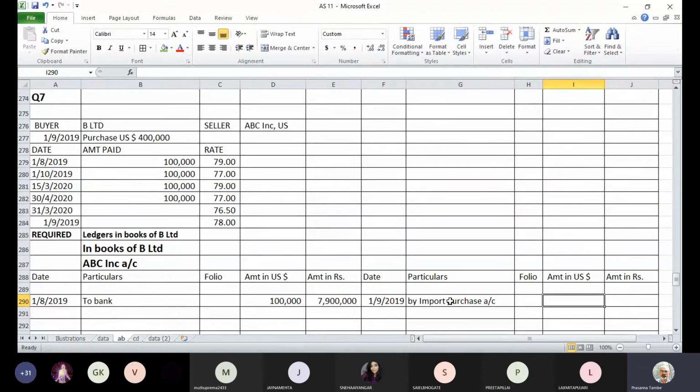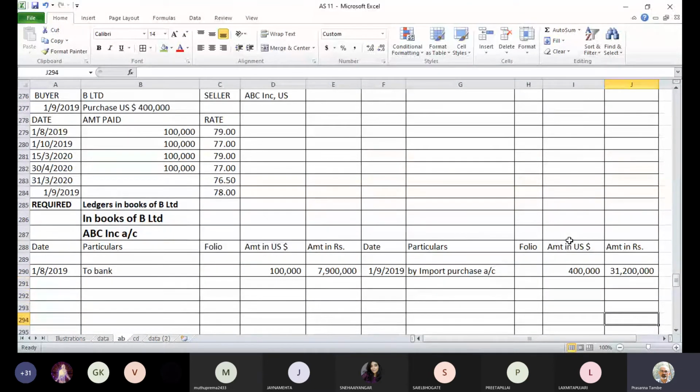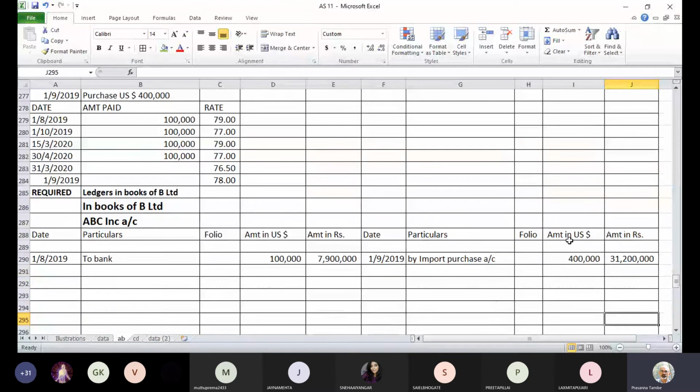The transaction value is 4 lakh USD multiplied by rate on the date of purchase, which is 78. So 3 crore 12 lakhs is a value in Indian currency. I hope all of you have posted these two entries.